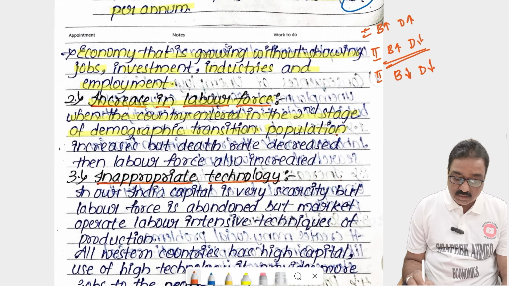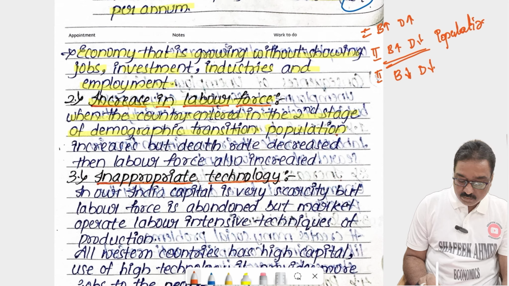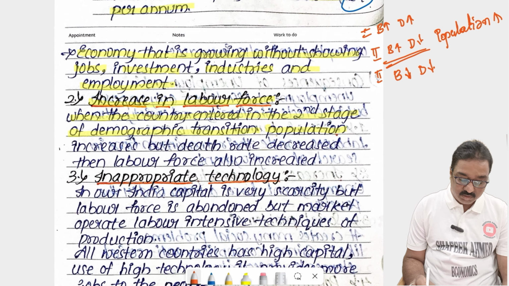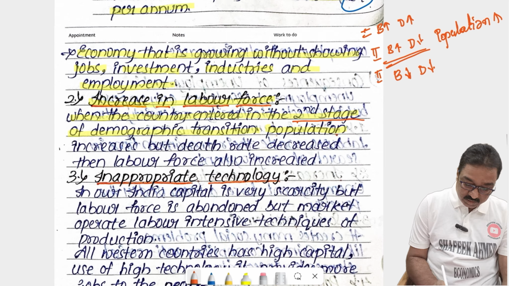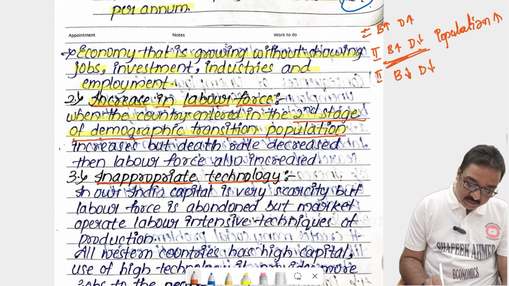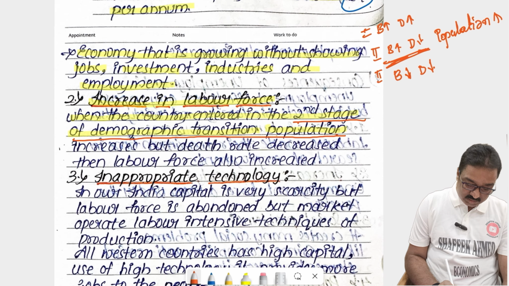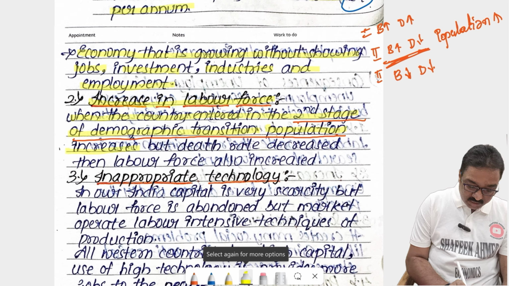So when they enter the second stage, the population suddenly increases in our country. In the second stage of demographic transition, birth rate is high and death rate decreases. Due to that, there is a population explosion at that time in our India, a rapid growth of population. This is also one cause of increasing unemployment.